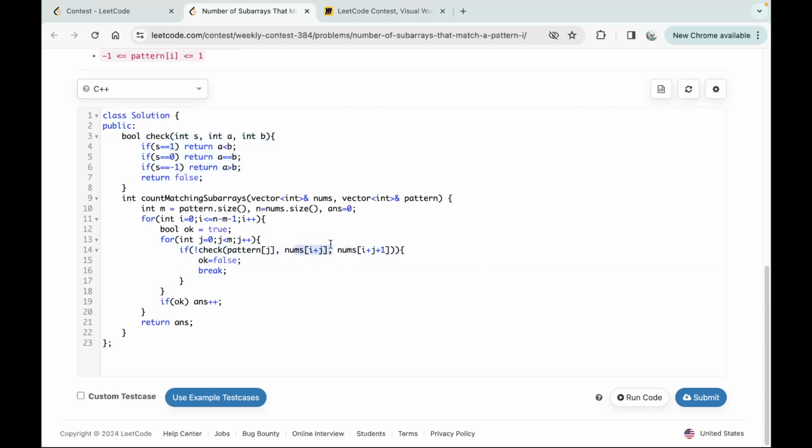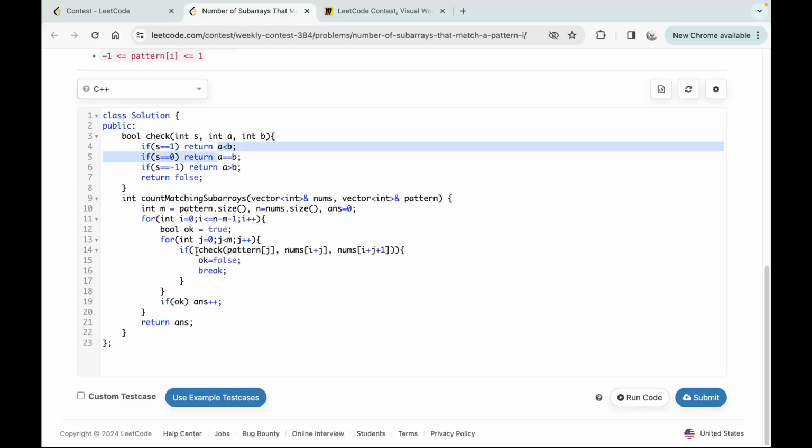So here we are sending nums of i plus j as a and nums of i plus j plus 1 as b, and then we compare based on the pattern value, which can only be 1, 0, or -1, correct? So we are simply checking these three conditions, and returning whether a is less than b. If this is true, it will return true. If it is false, it will return false.